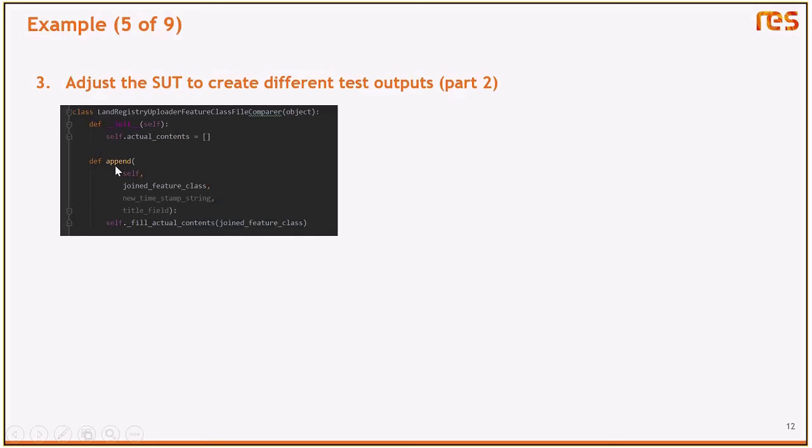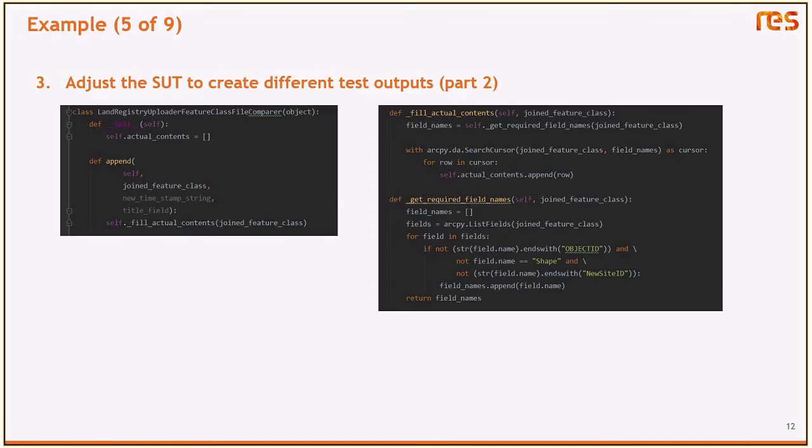But it starts off and it has one append function. Similar to the other class that we just created, it's got the same input parameters. And all this does is it calls an internal function. And the internal function is shown here.